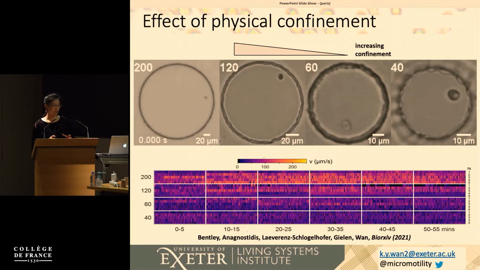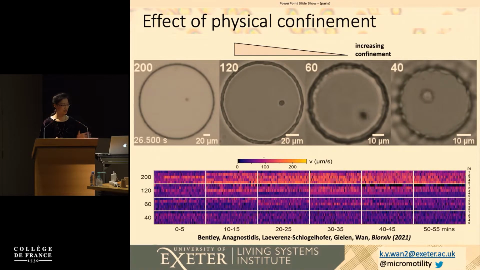These are extremely long-time, high-speed recordings taken at 500 frames a second. You can imagine how much data we had to crunch through to get these time series. The idea here is that you have 4 different well sizes, ranging from 200 microns all the way down to 40 microns, in which the cells are extremely confined. On the y-axis, you have individual cells.